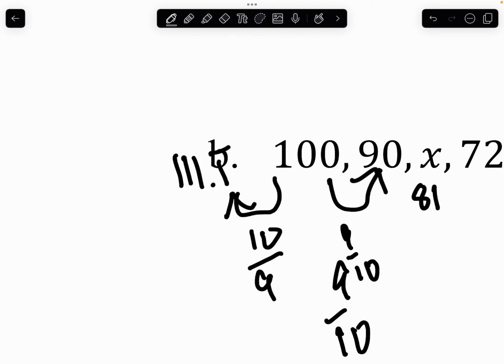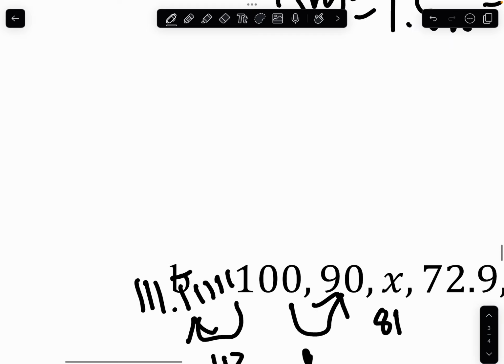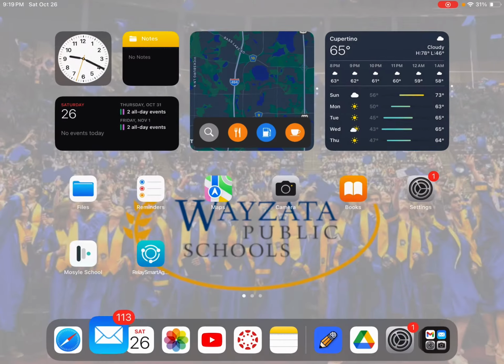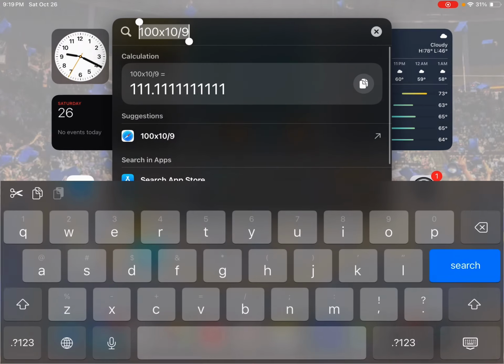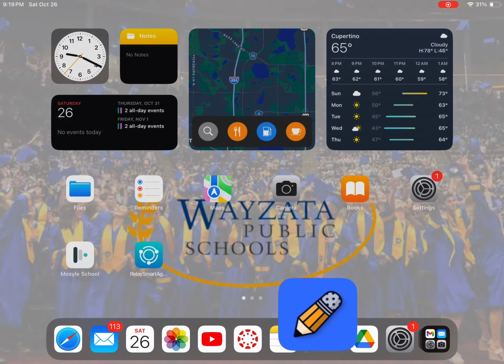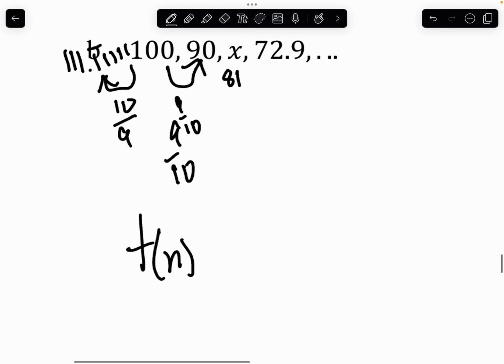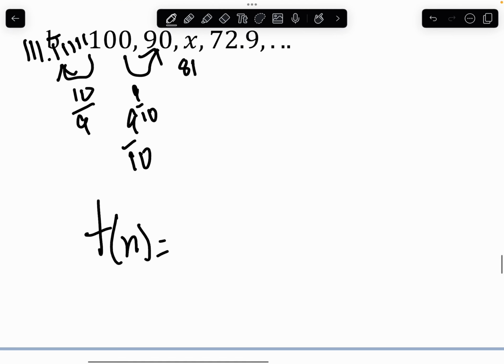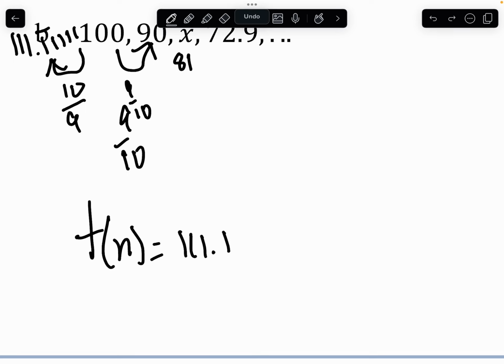That means it repeats forever and ever with ones, because technically it does. So it's going to be 111.1 repeating times 9 over 10 to the nth power.